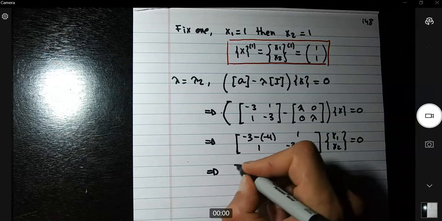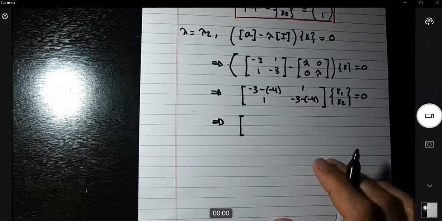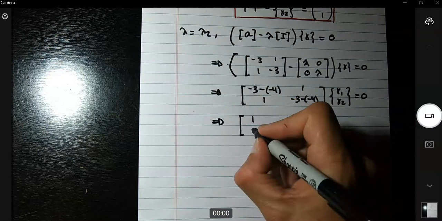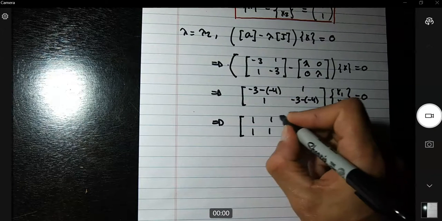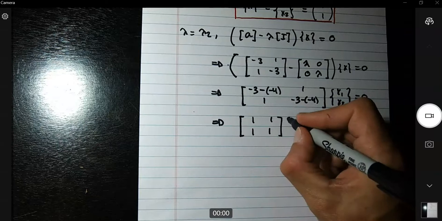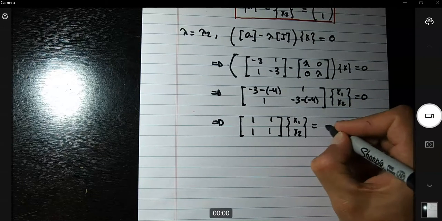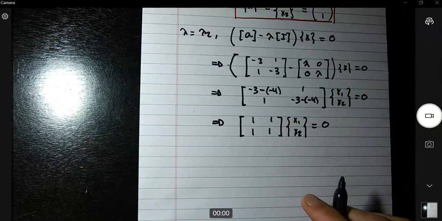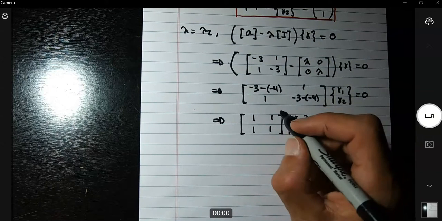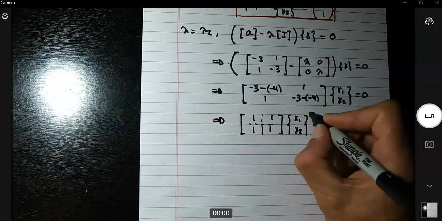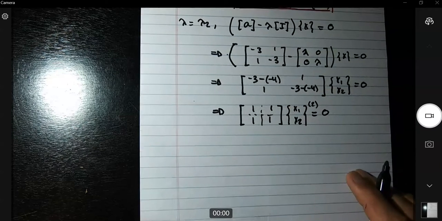So at the end we have the equation minus 3, so this will be plus 4, 1, 1, 1, 1, x1, x2 equal to 0. Okay, and to make sure that we know this is for the second eigenvector, we compare here too.